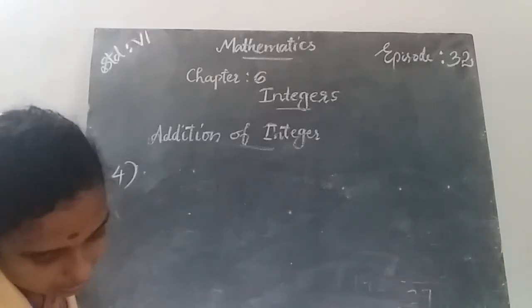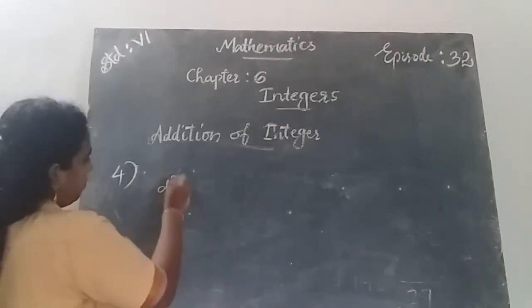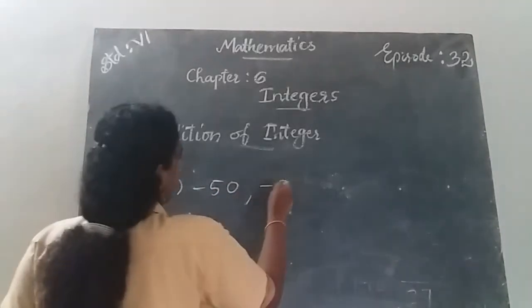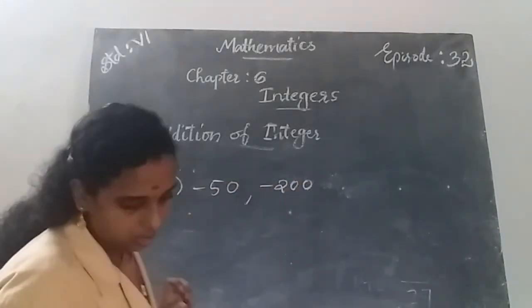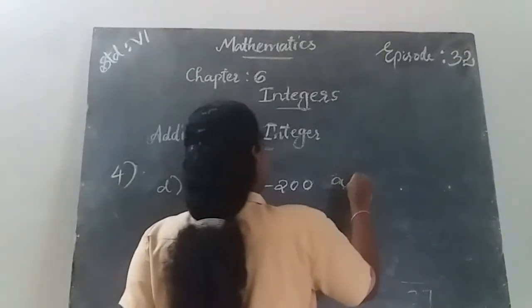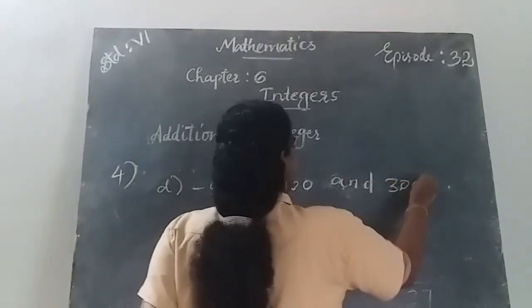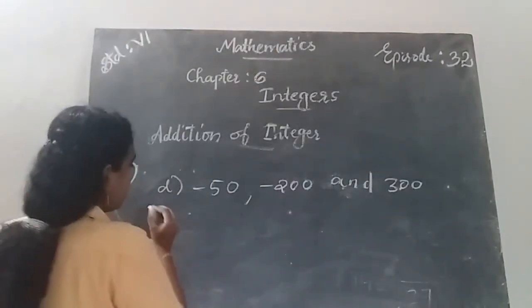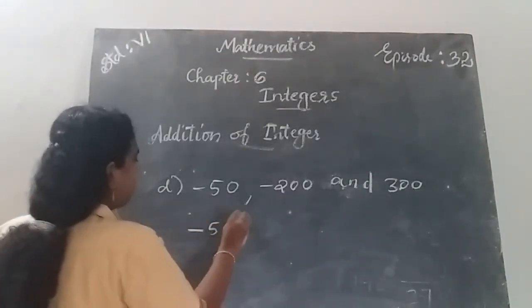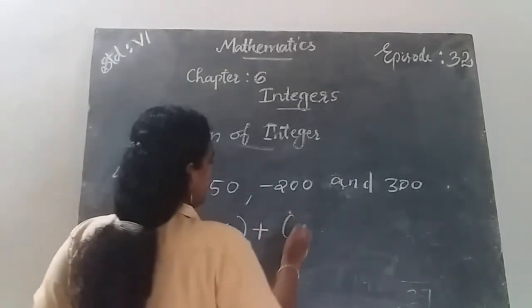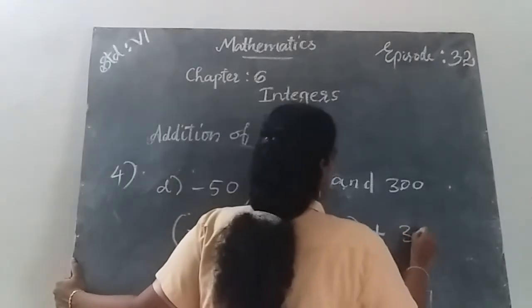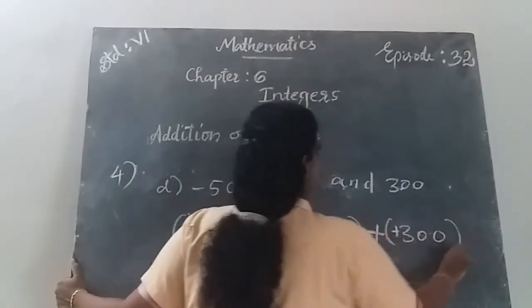Then the next question is negative 50, negative 200 and positive 300. Okay. So first we write the addition: negative 50 plus negative 200 plus positive 300.